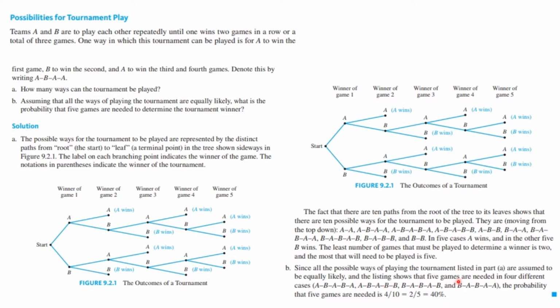The listing shows that 5 games are needed in 4 cases: 1, 2, 3, and 4. So these are the times when 5 games are needed. And so the probability 5 games are needed is 4 divided by 10, because there were 10 different paths that you could take.